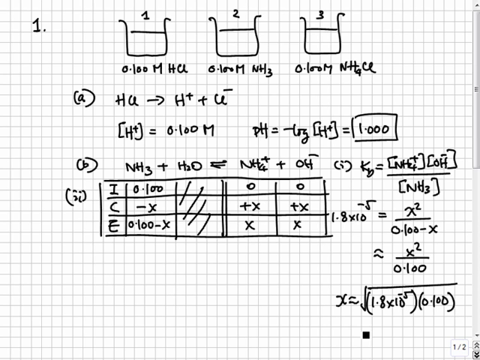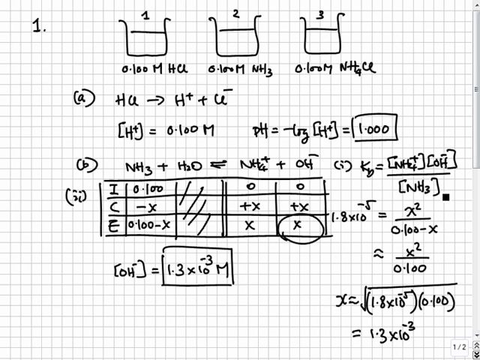And from this we can calculate what x is, and it turns out to be approximately equal to 1.3 times 10 to the minus 3. And we see that the OH minus concentration is just equal to x, so the OH minus concentration is 1.3 times 10 to the minus 3 molar.